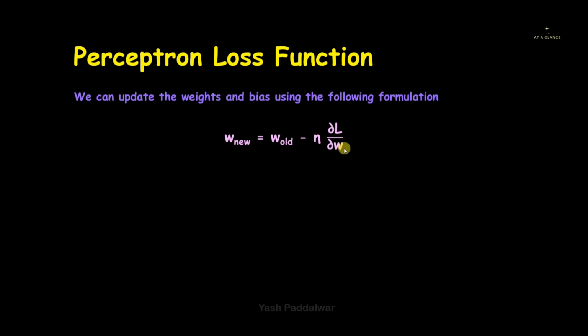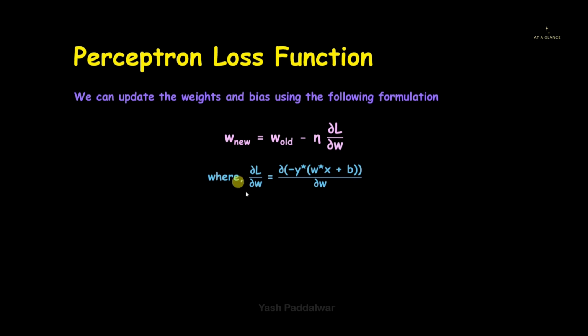We have already discussed this term learning rate, multiplied by dou L by dou W. It is nothing but the partial derivative of the loss expression with respect to the parameter W. We multiply the learning rate eta with the slope just to avoid a drastic change in the weights. We will have to choose an optimal value of the learning rate eta. It must not be too small, it must not be too large. Generally the range for the eta value is 0.0001 to 0.1.